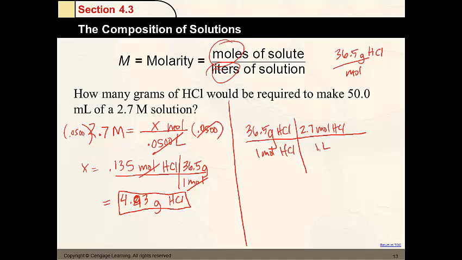You can write 1 or just the unit liter, and then moles cancel out. Now we have liters. We want to get that to go away by multiplying by the number of liters. So here we go, and you'll get the same answer, 4.93 grams, when you multiply all the numbers across the top. You don't need to divide by 1.